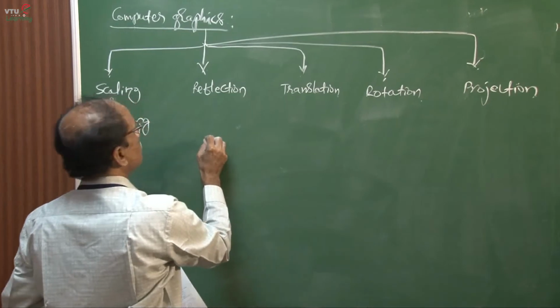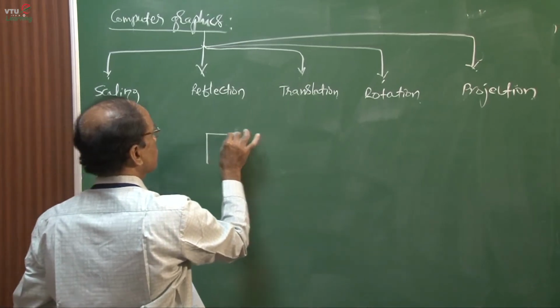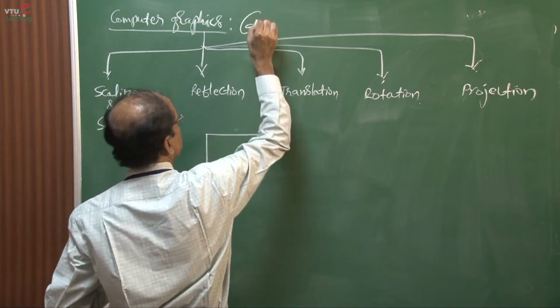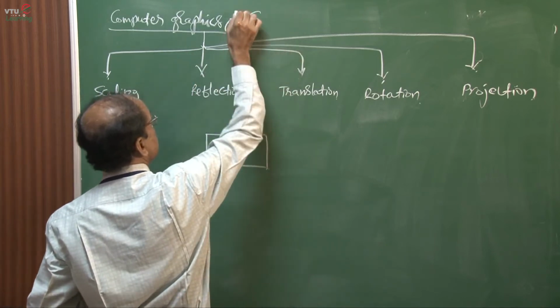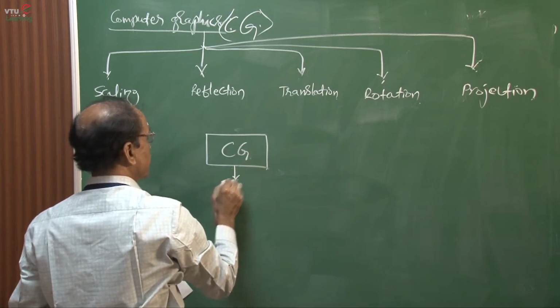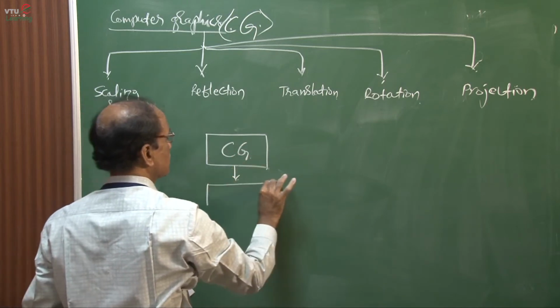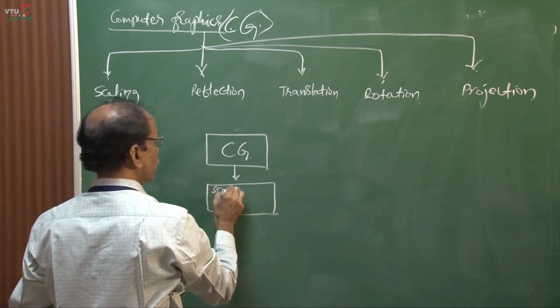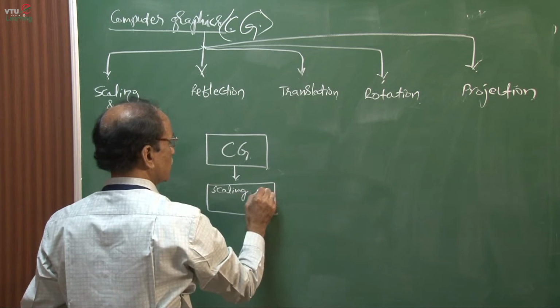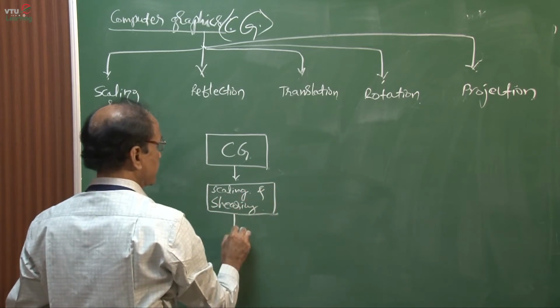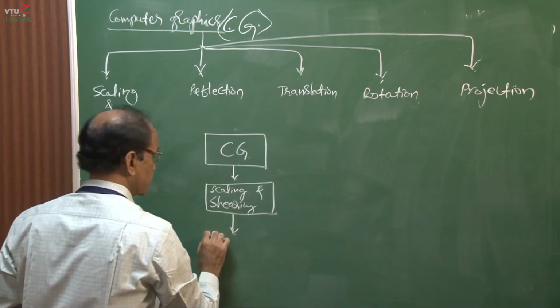Suppose you want to write the flow chart for this. First box: this is nothing but computer graphics, which I will write as CG. Then it will go to the next box, called scaling and shearing. Next box, it will go for reflection.